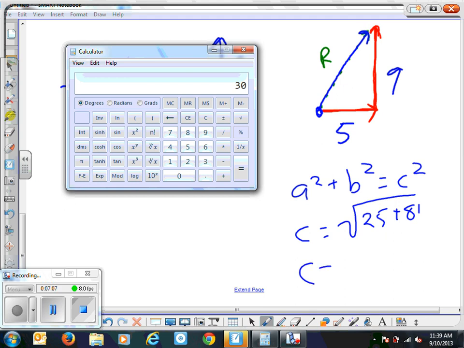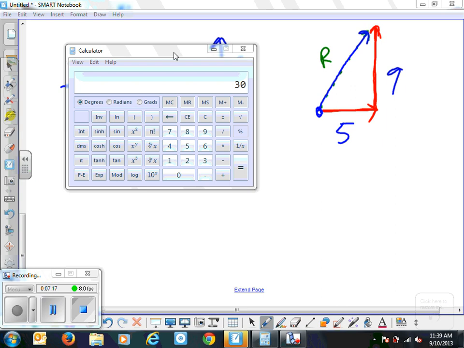So c, or r, or in this case our hypotenuse, is equal to, I'll go 25, plus 81 equals, and take the square root of that.